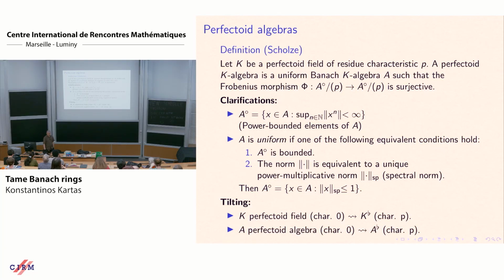And there is a similar construction for perfectoid algebras. If you have a perfectoid algebra of characteristic 0, there is a way to associate a corresponding algebra of characteristic P. And again, you have a similar result, namely that the etale fundamental groups are isomorphic.